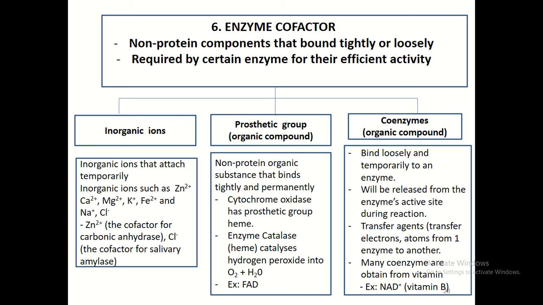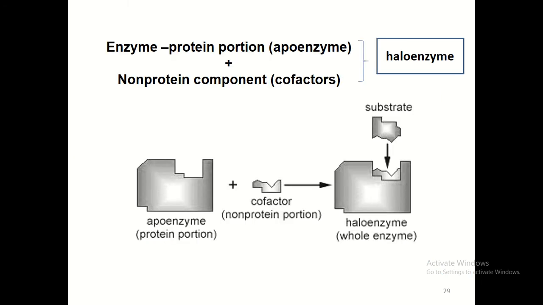So we call the cofactor a helper for the enzyme, because some enzymes require a cofactor for their activity efficiency. So we have three types of cofactor: inorganic cofactor, prosthetic group, and also coenzyme. Let's look at more details on cofactor after this.